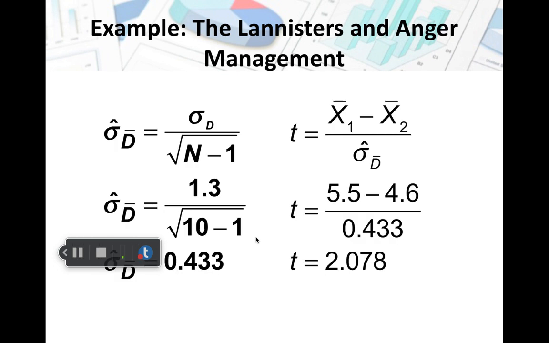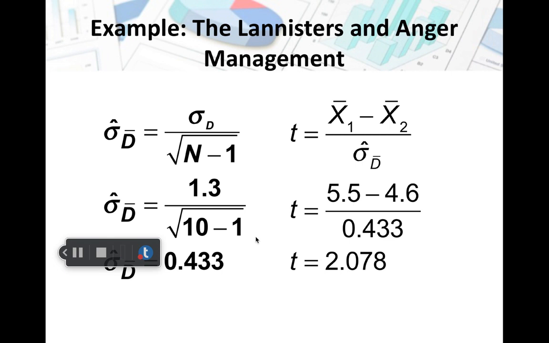So just like we did with confidence intervals, we need to get sigma hat sub d. To do that, we use the exact same formula as before, where I divide sigma d by the square root of n minus 1. There are 10 people, so I divide it by the square root of 9, which is 3, and I get an estimated standard error of the distribution of difference scores of 0.433.